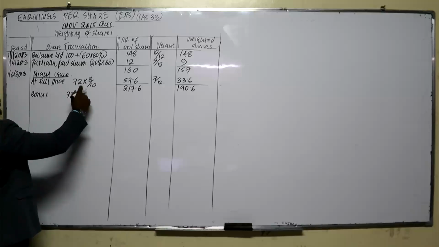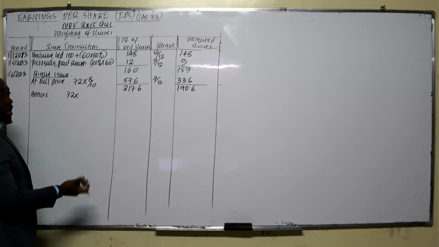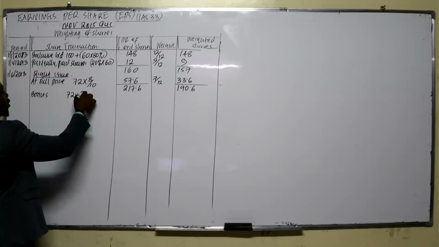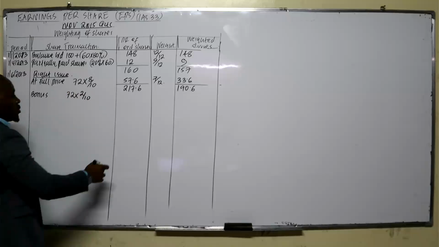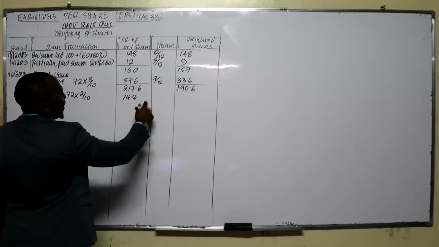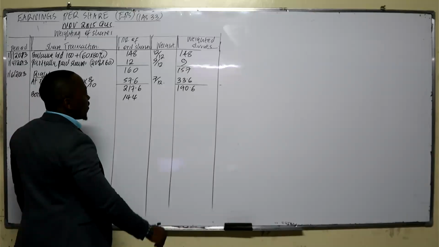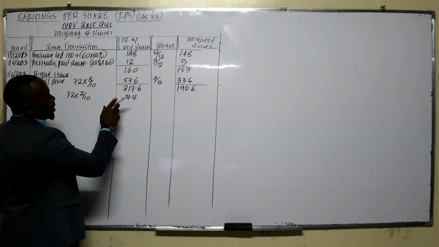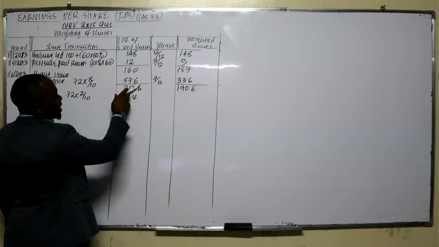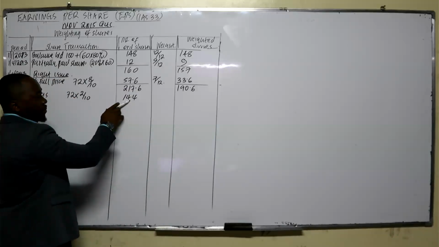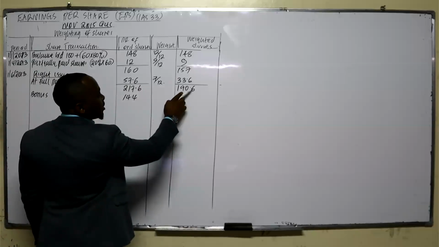72. The market price was 10, but we issued at 8. We give them a discount of how much? 2 over 10 is 20%. 7 times 2, that is 14.4, right? Then, how do we get that? You cross multiply, right? This is how you argue. If 217.6, they got a bonus of 14.4, what about 190.6?